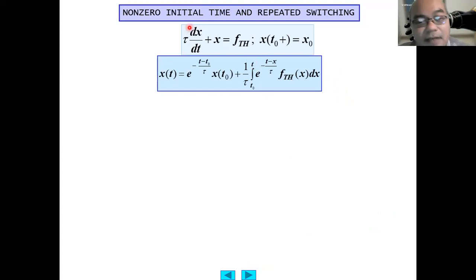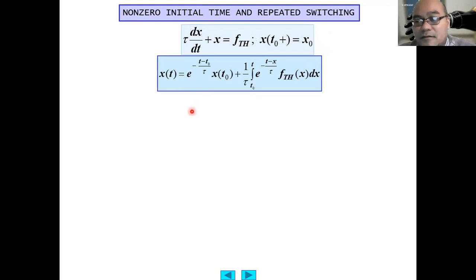In this case, the general form of the differential equation is still the same as the previous general form: tau dx/dt plus x equals f(t). The initial value is different: not at t equal to 0, but at t equals t0, x(t0) equals x0.